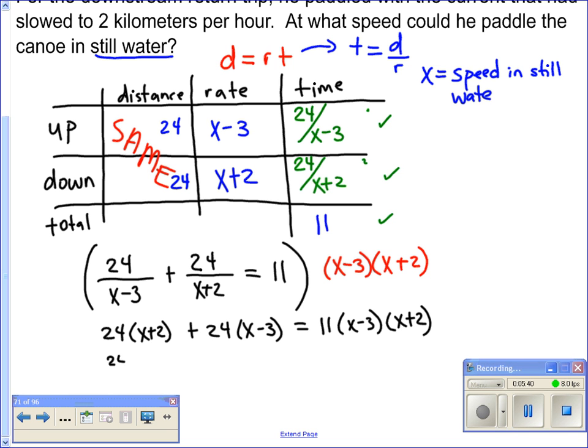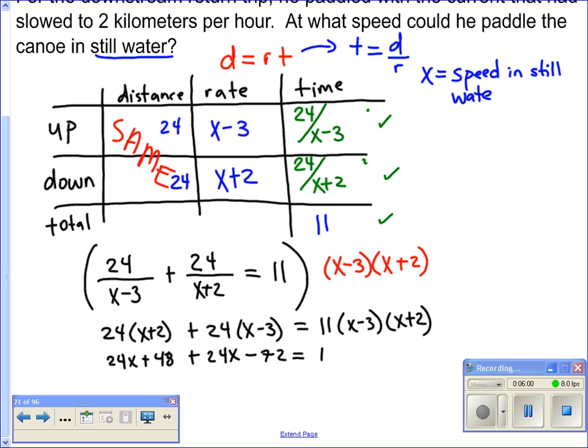Here we get 24x plus 48 plus 24x minus 72 is equal to, and now here we need to multiply this entire, first you want to FOIL the x minus 3 times x plus 2 and then distribute the 11.